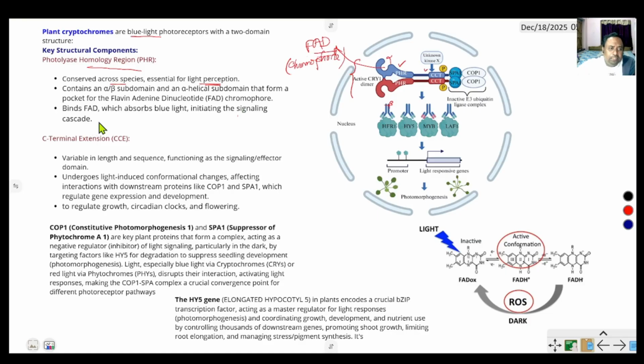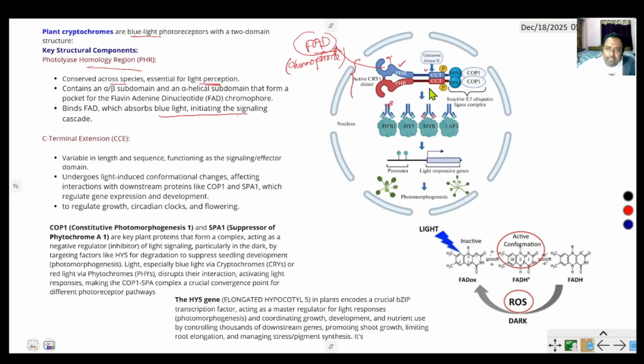It binds FAD and absorbs blue light, initiating signaling. The PHR is conserved across different species. It has two domains, alpha domain and beta domain, and forms a pocket-like structure that binds the FAD. FAD is the chromophore of cryptochromes.